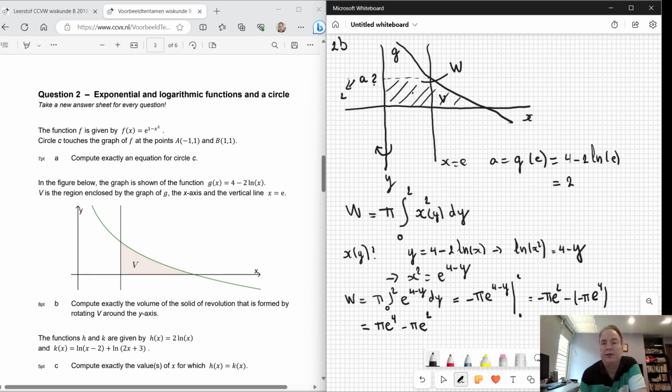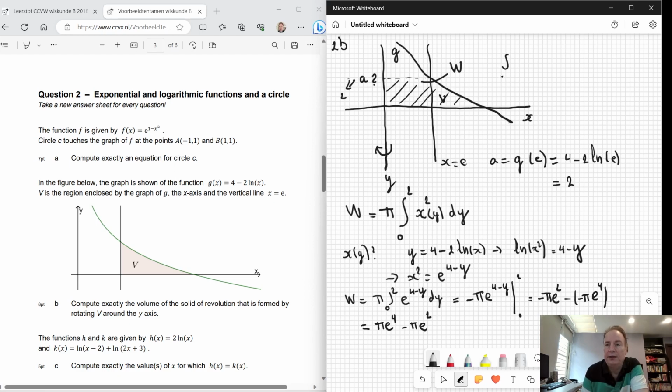And as I mentioned, we need to subtract this center of this donut-like shape. You can basically do the integral if you want, because x is e.